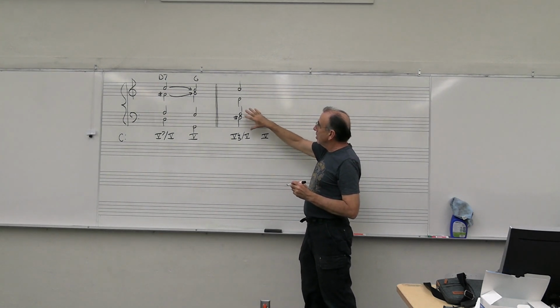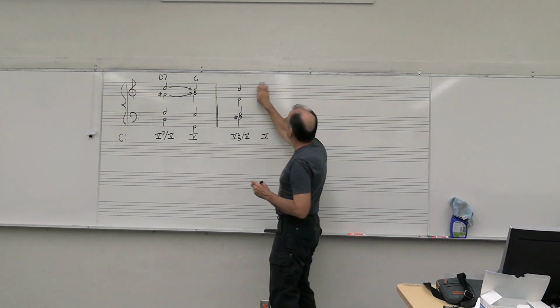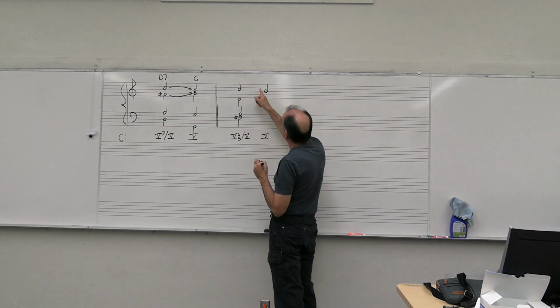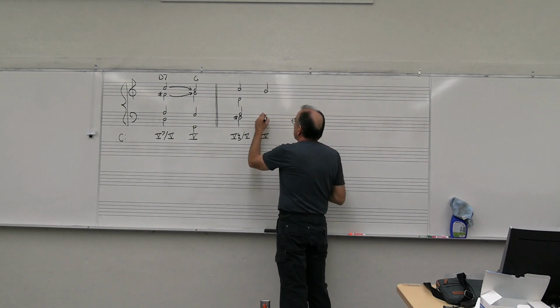But when I resolve it, again, I'm going to resolve all the tendency tones as I normally would want to. I'm going to resolve the 7th down by step. So that's the C going down to B, just like it did here, C to B. I'm going to resolve the leading tone up to tonic.